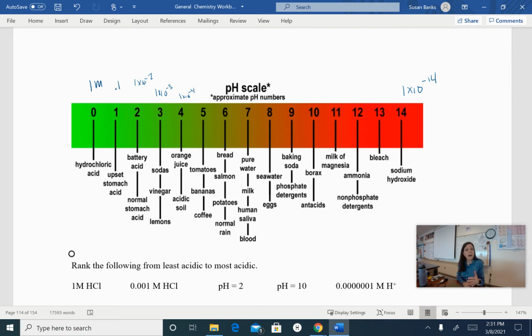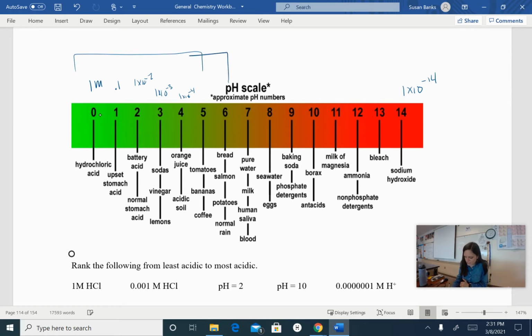So the more concentrated that acid is, the lower that pH number is going to be. And the more concentrated the base is, the higher that pH number will be. Okay, so notice that I have a scale from green, and where it's green, it's pretty acidic.